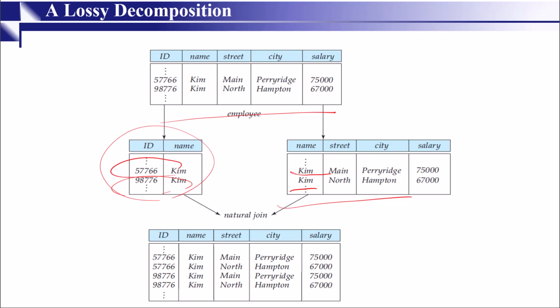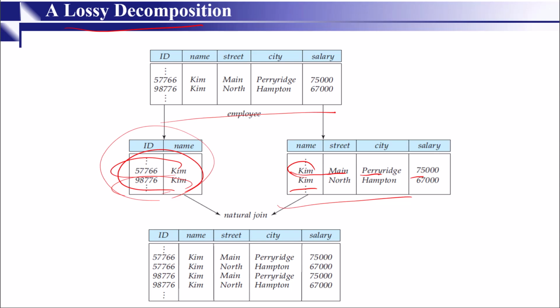So we can indicate that a certain street, city, and salary pertain to someone called Kim, but we are unable to distinguish which Kim exactly we are talking about. Thus, our decomposition is unable to represent certain important facts about the university employees. That's why we call it lossy decomposition. Lossy decomposition introduces ambiguity, like not knowing which street goes to which ID.